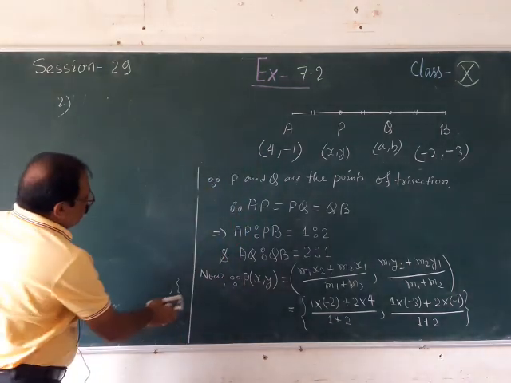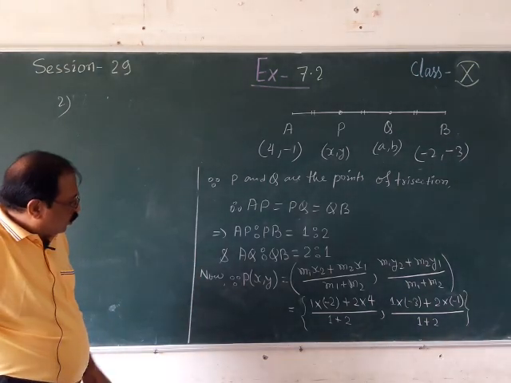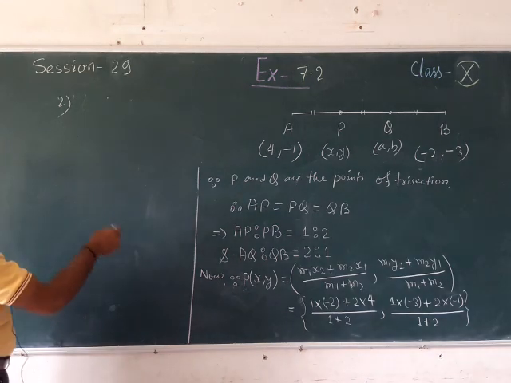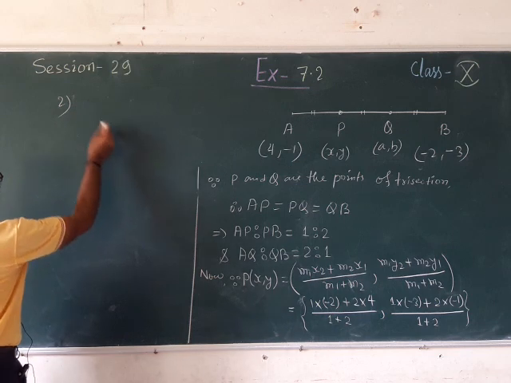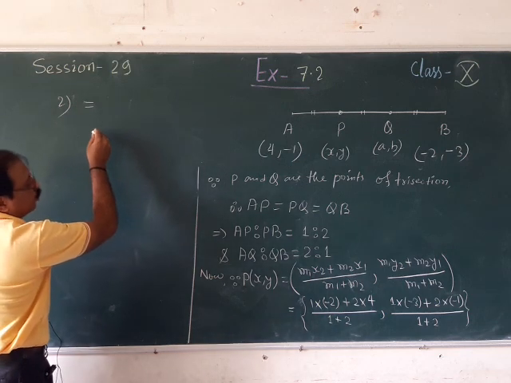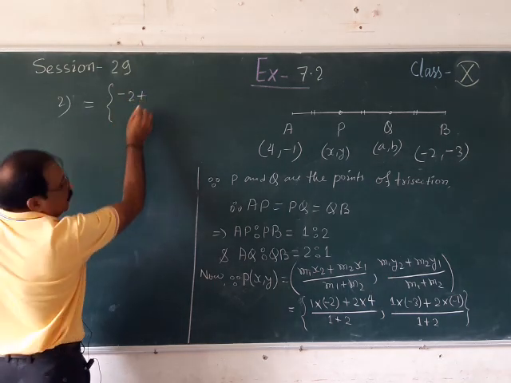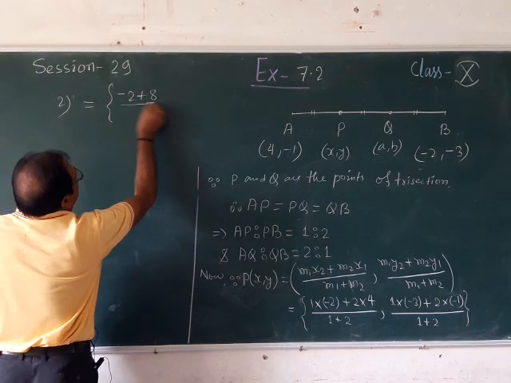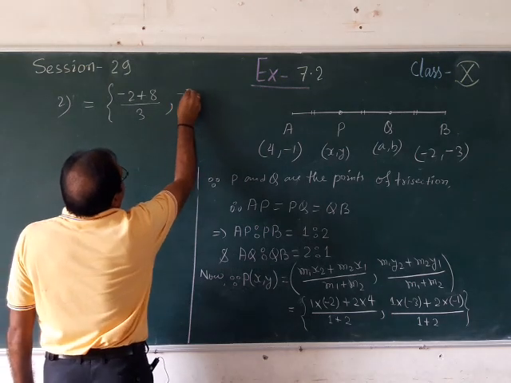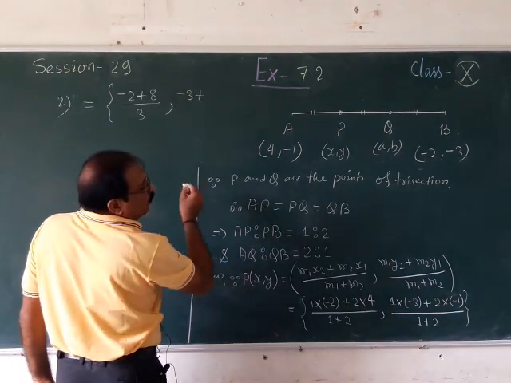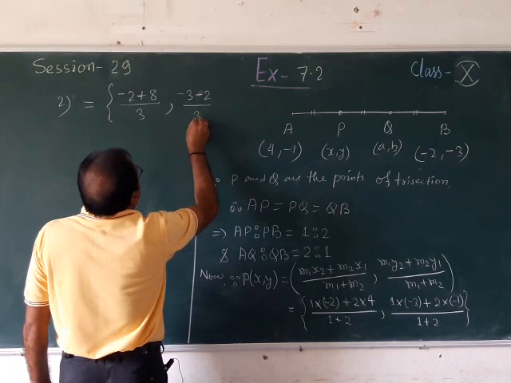Okay. So, to get this value of Pxy, I can write it is equal to (-2 + 8)/3, then (-3 + ... not plus, it is -2)/3.